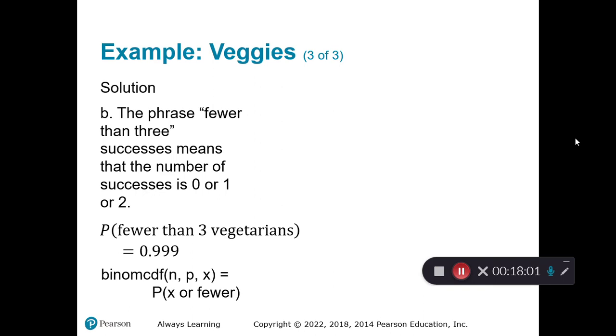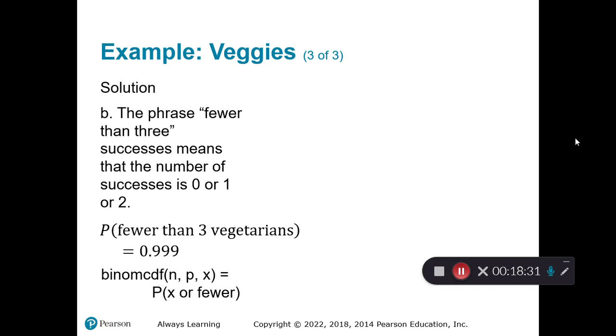So we could have exactly 2 vegetarians, or exactly 1, or exactly 0. I want us to rephrase fewer than 3 as being the same as having 2 or less, because the next function on our calculator is going to take the number of maximum successes that you would be interested in. So fewer than 3 successes means we would have a maximum number of successes of 2.